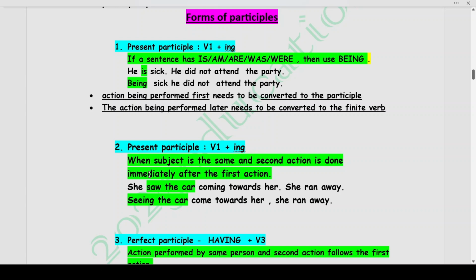We will see the verb in the first sentence. What is the verb? Saw. Now because these two actions are happening one after the other, we will concentrate on the V1 form of the verb in the first sentence. First sentence verb is saw, but what is the base form of saw? See. So see becomes seeing. Seeing the car come towards her, she ran away. So this is how you will do this.